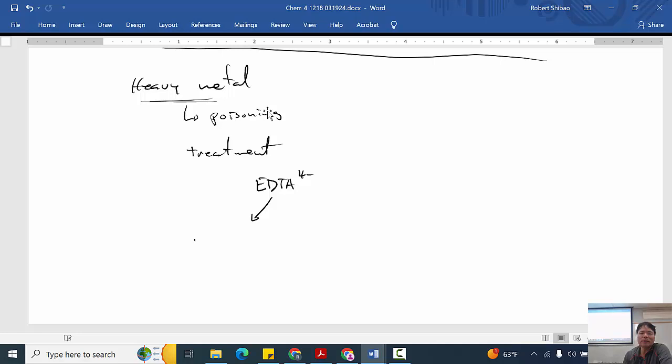There is sodium EDTA, and there's calcium EDTA. Which one do you think is a more aggressive drug? Sodium EDTA or calcium EDTA? Calcium. How come calcium?